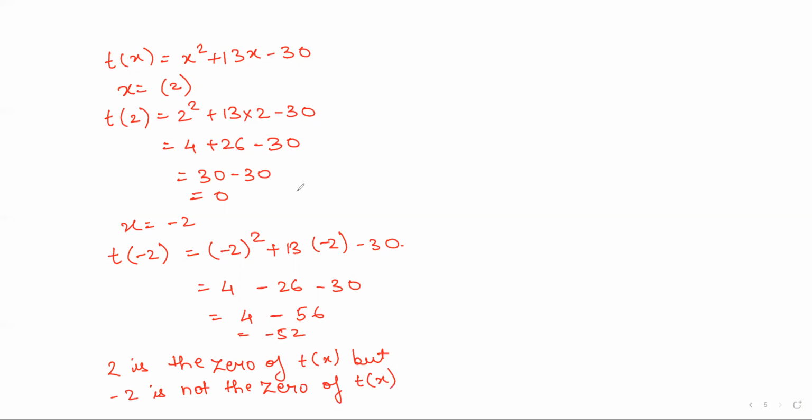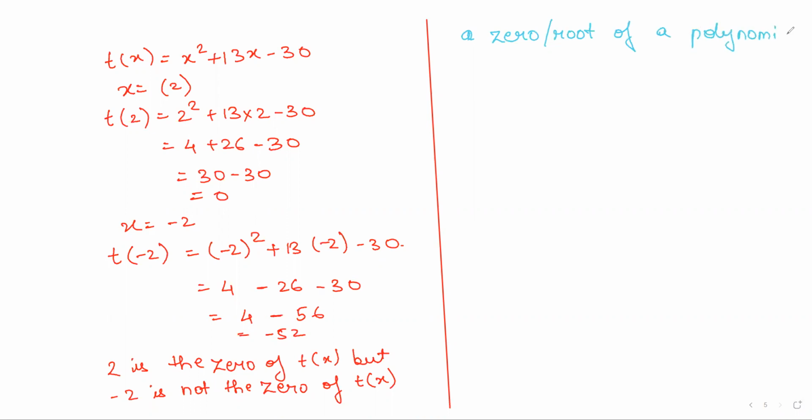From these examples, we can conclude some things. 1. A zero or root of a polynomial need not be 0.